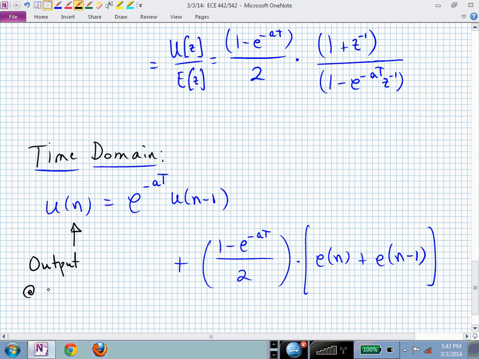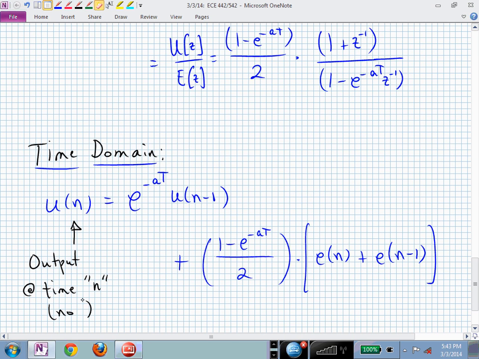This is the output at time n, which is the present time now, is what that's supposed to be in terms of, here is the output one time step before, or at time n minus 1. So I would now have to remember that in some register. I now remembered my previous output and I've stored that.